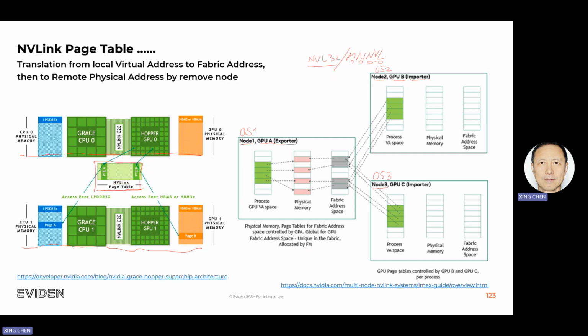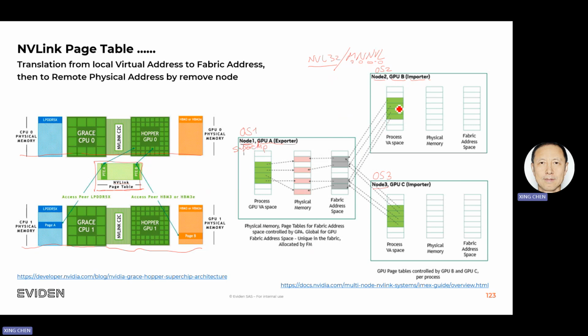But here, for our example, you have 3 superchips. Suppose each node is a superchip. Each superchip has its own operating system.